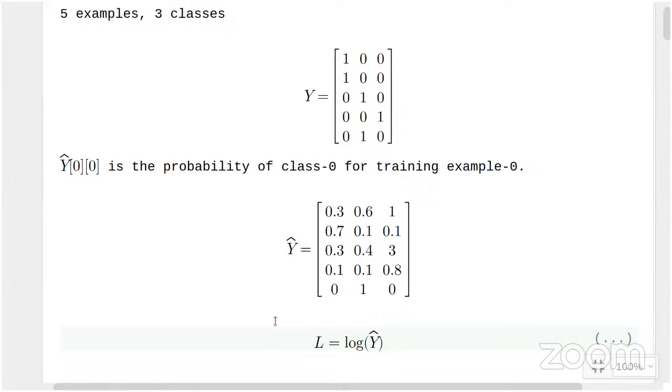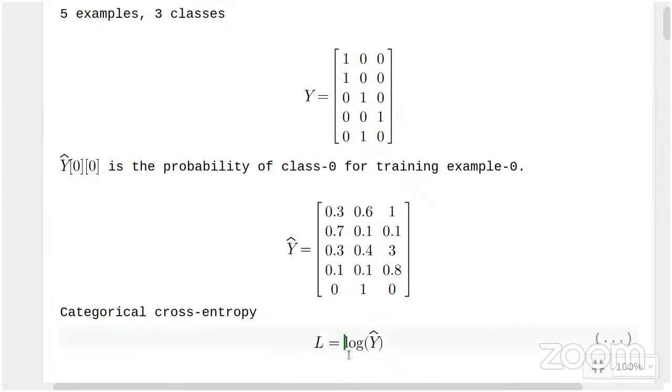If it was logistic regression, because it was 2 classes, it was binary cross entropy. Since we have multiple classes, it's categorical cross entropy.